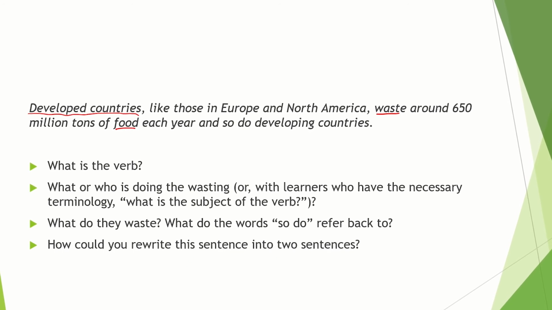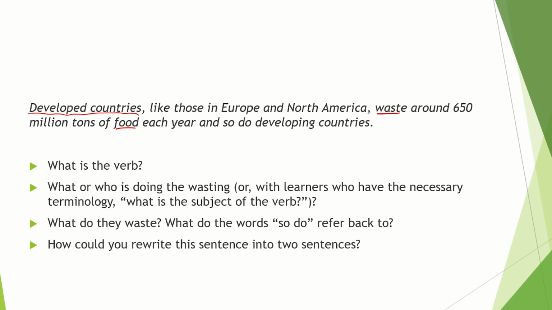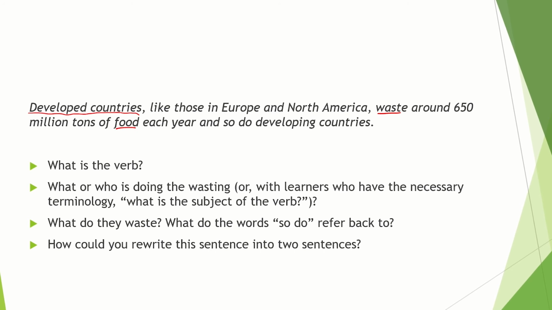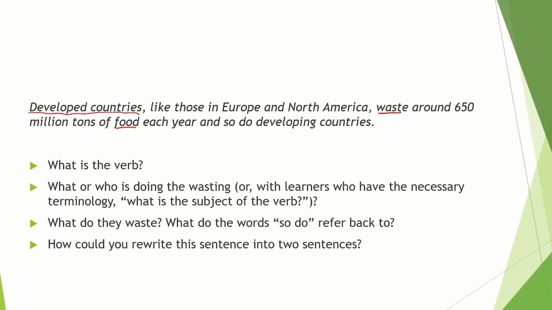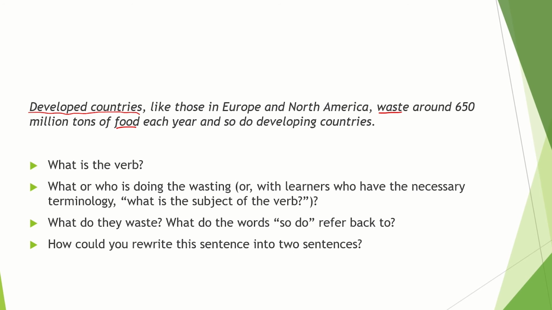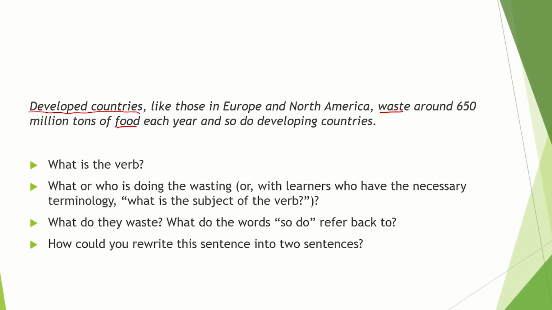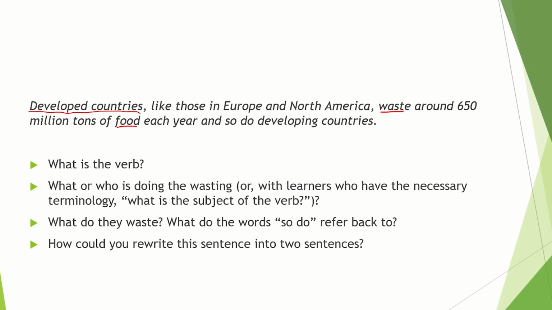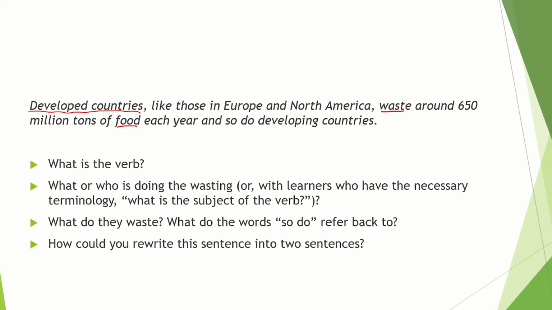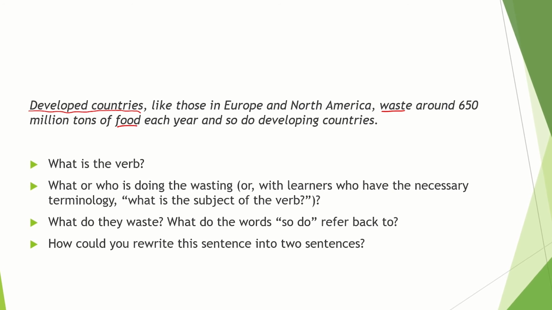Okay, so we've gotten to a point here where we're looking at the grammar, but are we looking at what's happening? Are we discussing the terrible idea of the waste and why are we wasting food as human beings? No, we're just looking at the grammar.